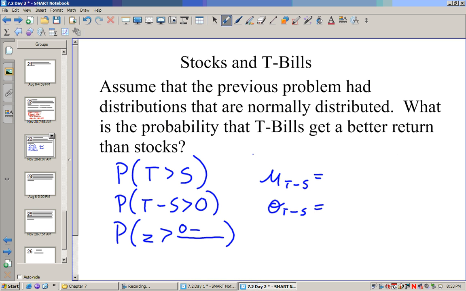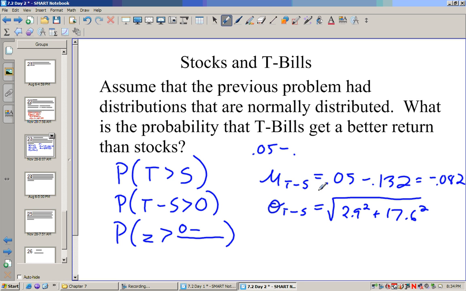So that's 0.05 minus 0.132, and that gives us a mean of negative 0.082. To get our standard deviation, we have to take the square root of the standard deviation of T squared plus the standard deviation of S squared. So those numbers are 2.9 and 17.6.